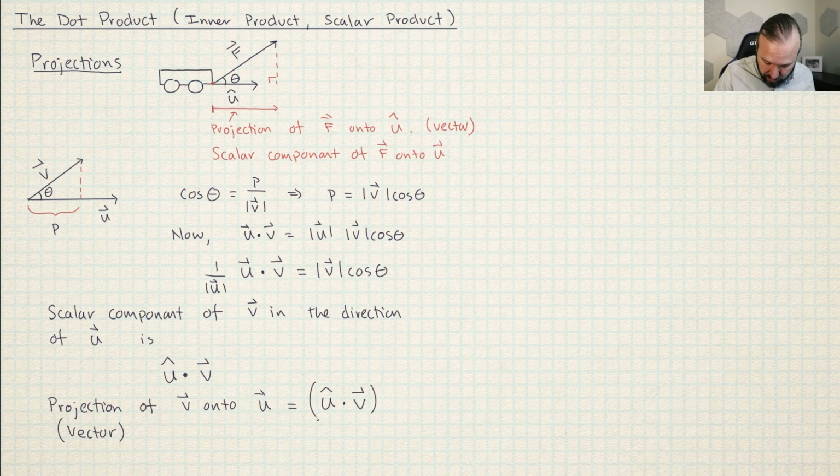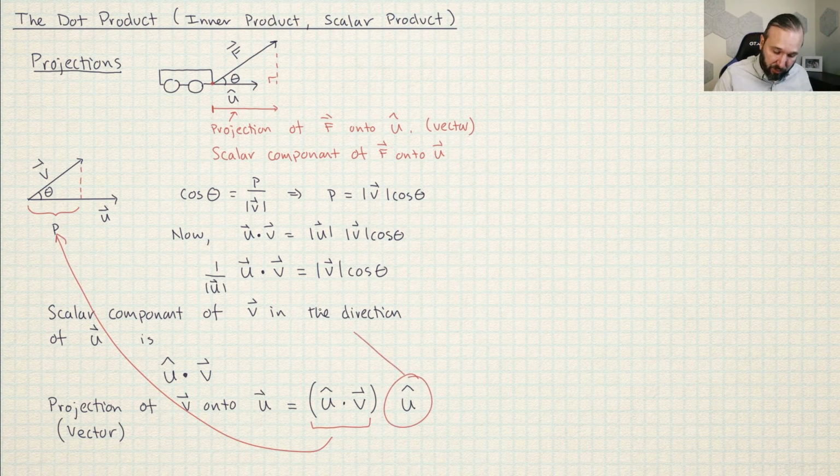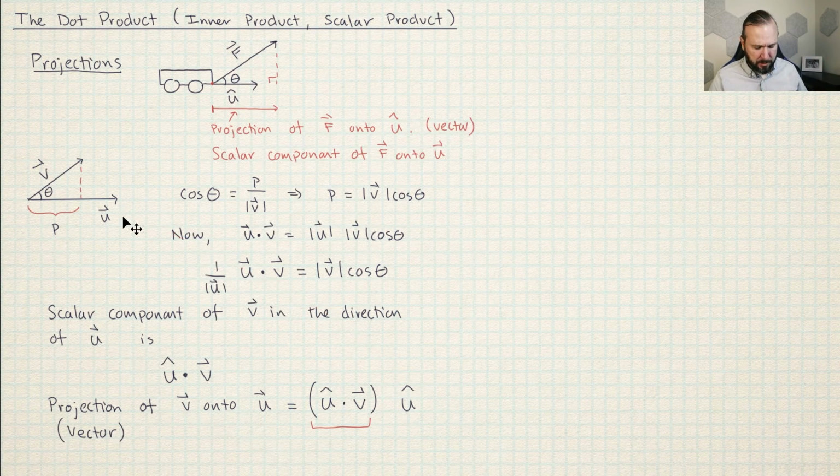All you need to do is take this, remember this is a scalar, and then just multiply that by u hat, and you will get a vector that has the magnitude that you want. And then you just rescale the unit vector because that's the direction that you want the force to be pointing in. So people will also call this the vector projection of v onto u.